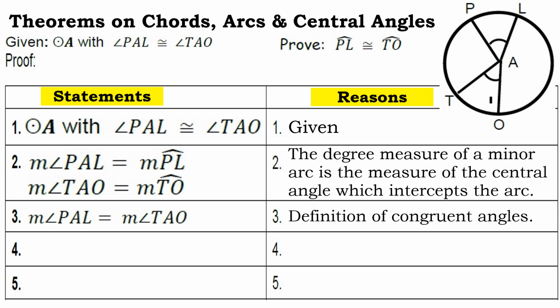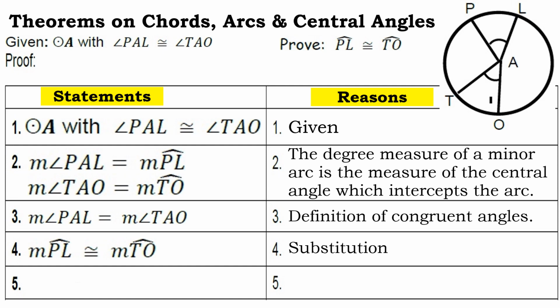Now, if the measure of angle PAL is equal to the measure of angle TAO, tingnan natin yung number 2, the measure of its intercepted arc is equal to the measure of the central angle. By substitution, we can say that the measure of arc PL is congruent to the measure of arc TO. Ang reason natin ay substitution from statement number 2.